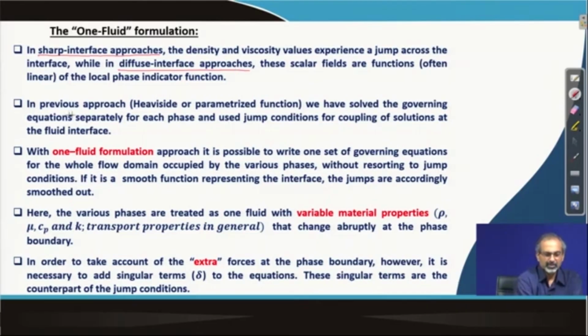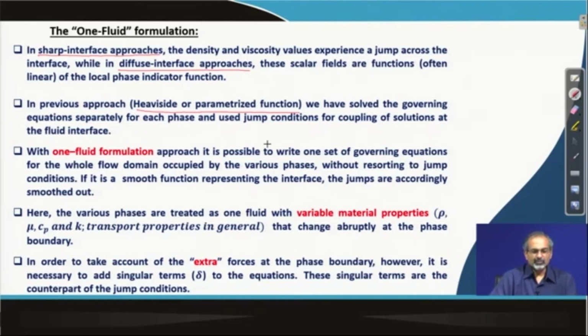So, in the previous approach, that is in the sharp interface approach, which is through say Heaviside function or parametrized function, we solve the governing equations separately for each phase and use jump conditions for coupling the solutions at the fluid interface. We just finished discussing the jump conditions in the previous slide, in fact.